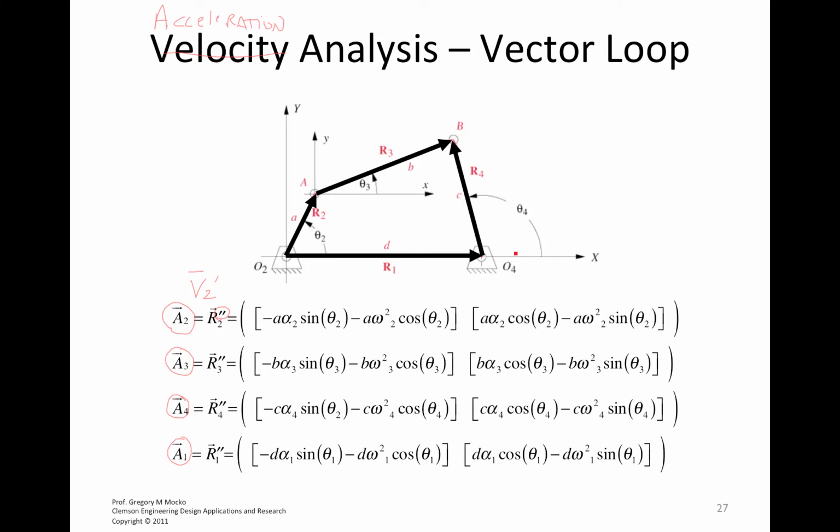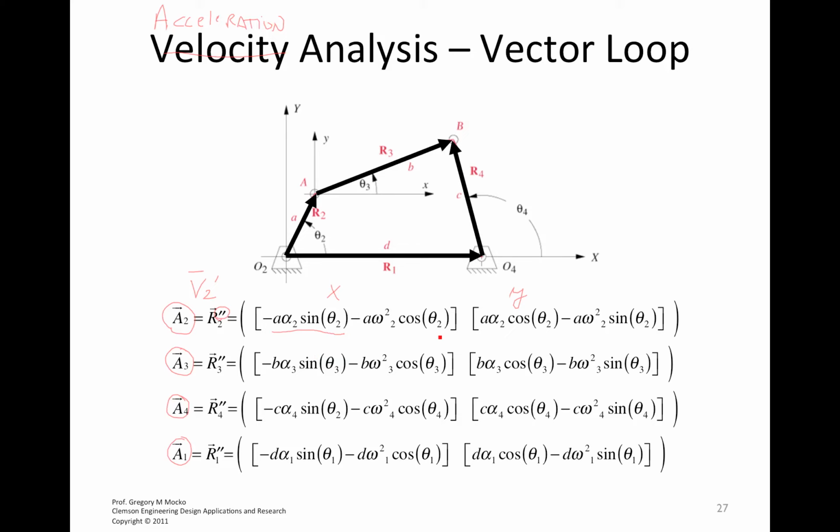We've got our angles of each of our links laid out, the lengths of each of our links laid out, and then we've got the x component and the y component of the second derivative of the vector loop for position.